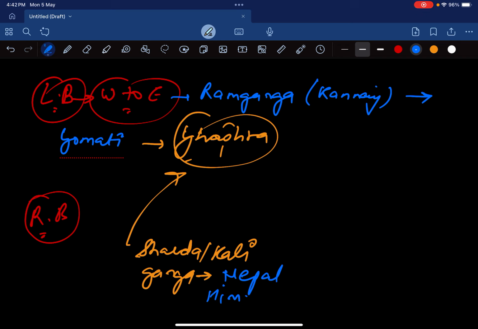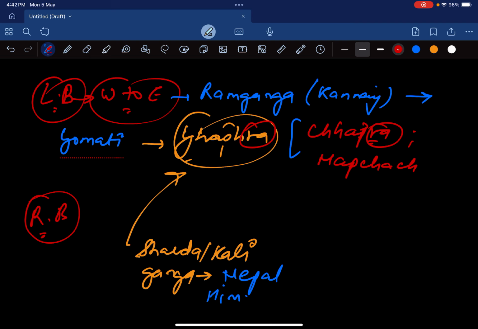Wait a minute. Further, this Ghagra has its origin. Sorry, not origin. It merges with Ganga at Chhapra, Ghagra Chhapra, right? And its origin is the Mapcha Chungo Glacier, right?